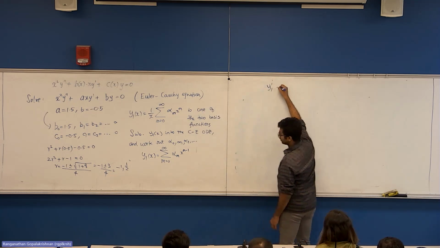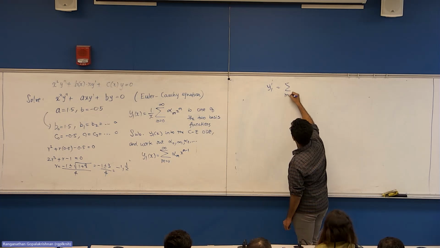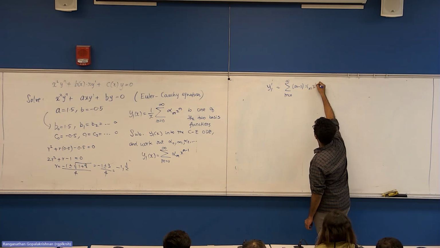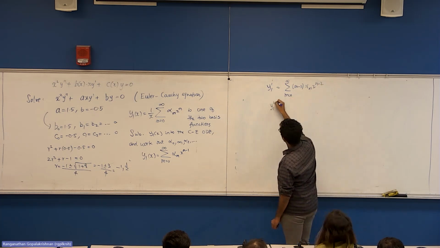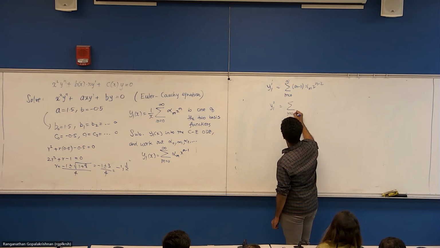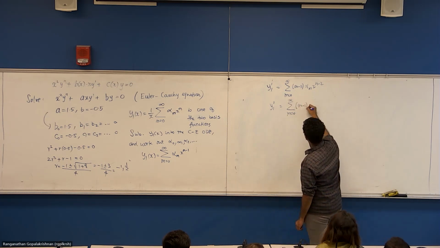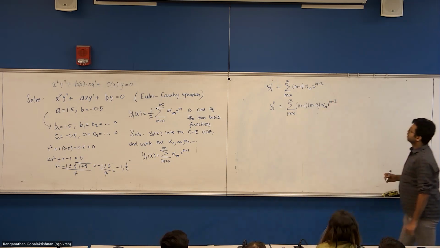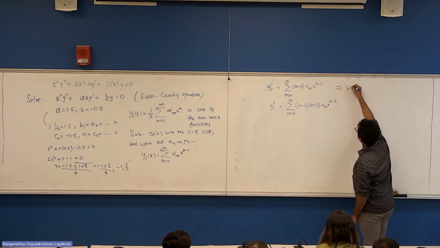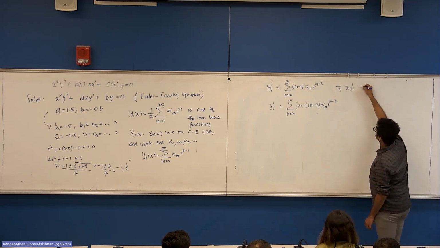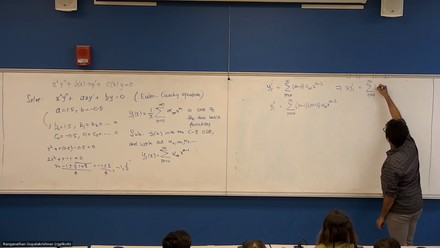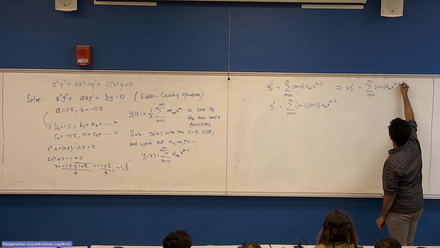y1 prime equal to the summation from m equals 0 to infinity of m minus 1 alpha m x power m minus 2, y1 double prime. So this implies x y1 prime is the summation from 0 to infinity of m minus 1 alpha m x power m minus 1.